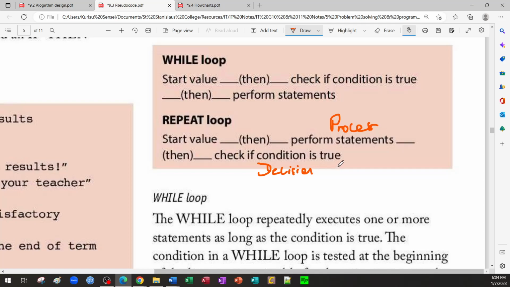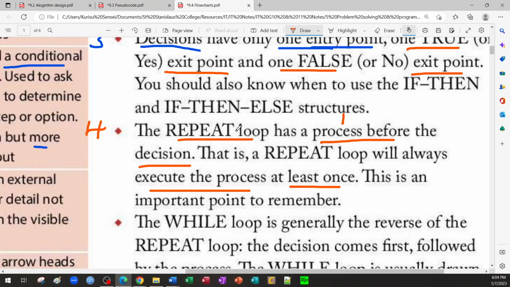So that's one key difference there. Statements are also process, condition is also decision. So that was one key difference we learned, that a process is before a decision when it comes to the repeat loop. And that means that the repeat loop will always execute at least once. That is the second key difference there that we would have discussed.